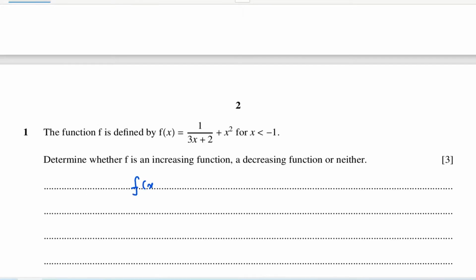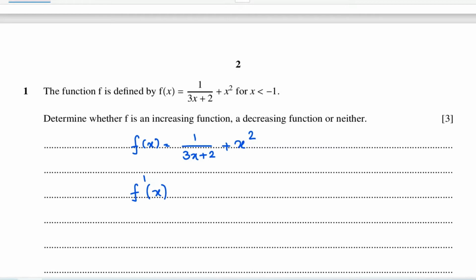So here f of x equal to 1 over 3x plus 2 plus x square. Let's find out what is f dash of x. To find f dash of x, let us write f of x as 3x plus 2 the whole power -1 plus x power 2.